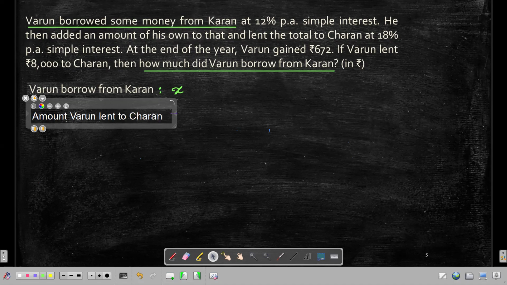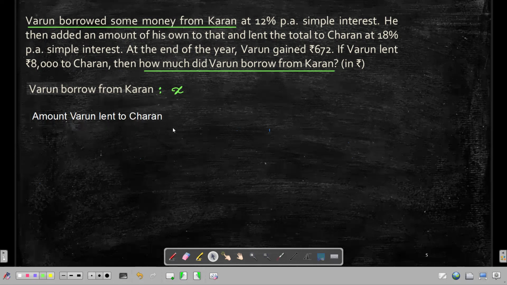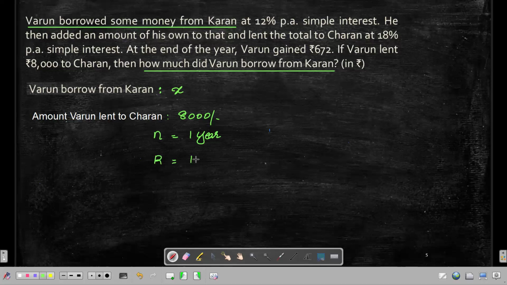In the question itself, it is given: the amount that Varun lent to Charan is equal to 8,000. At the end of the year, it is said, so number of years, 1 year. What is the rate of interest? It is 18% per annum.